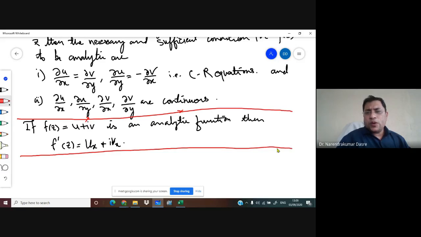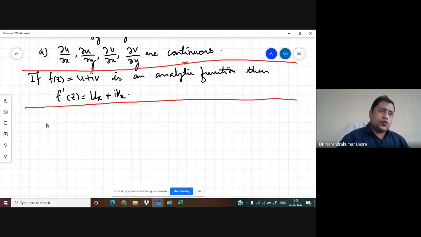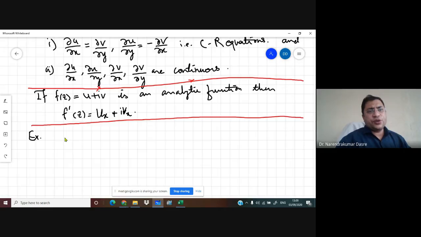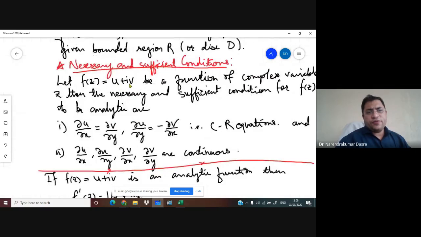Now our task is to find whether the function is analytic or not. If I want to test whether the function is analytic or not, first we should know u and v. So first we have to separate the real and imaginary parts of the function.